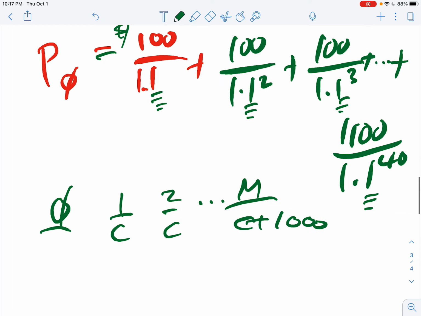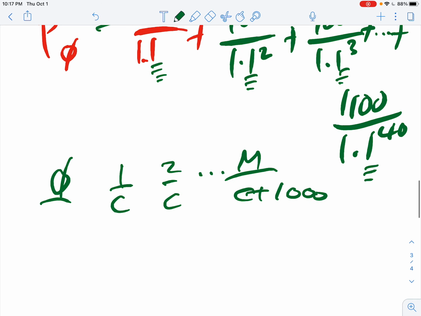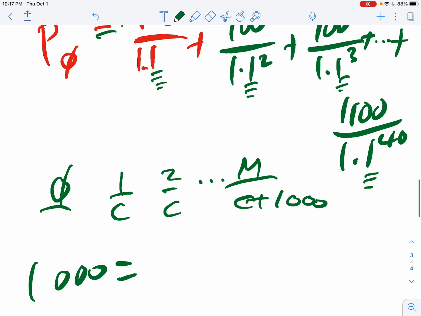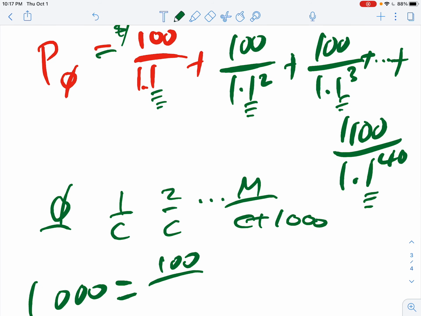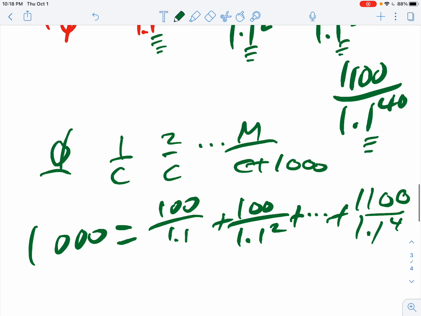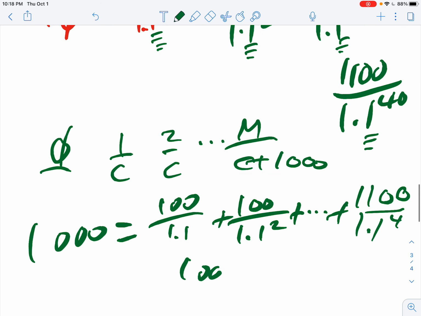And what we see is that the price will be equal to 1,000, because our terms were 100 divided by 1.1, 100 divided by 1.1 squared, all the way out to 1,100 divided by 1.1 to the 40th power. Do the arithmetic on that, you will see that yes, indeed, this side of the equation is equal to 1,000, of course.